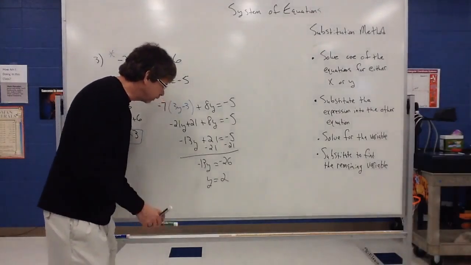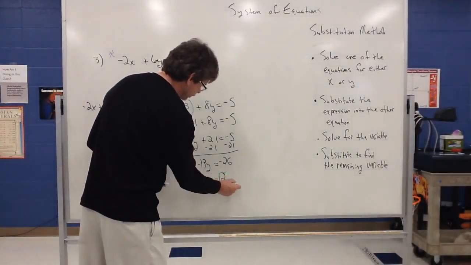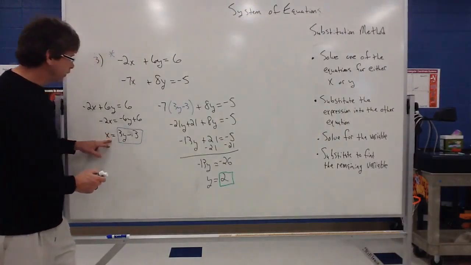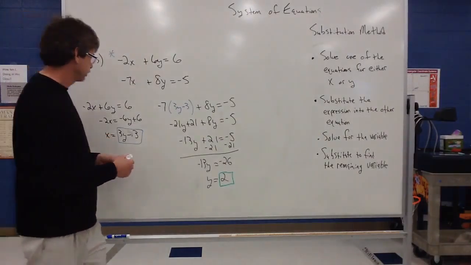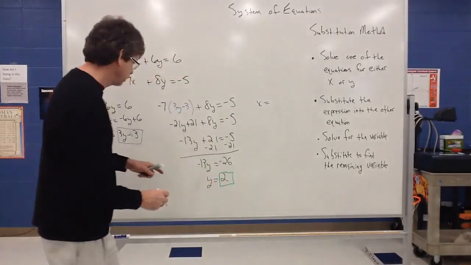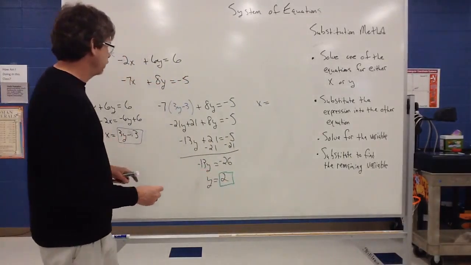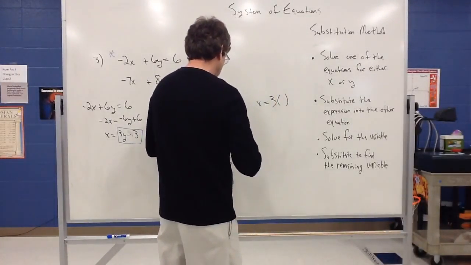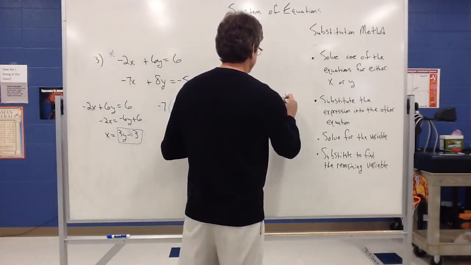Now what I've got to do is substitute this 2 back in to find what x is. And since this equation is already solved for x, I'm going to use that equation. So x is going to equal then, and I'm going to replace y with the 2. So it's going to be 3 times, and I'm going to put a 2 in for y.